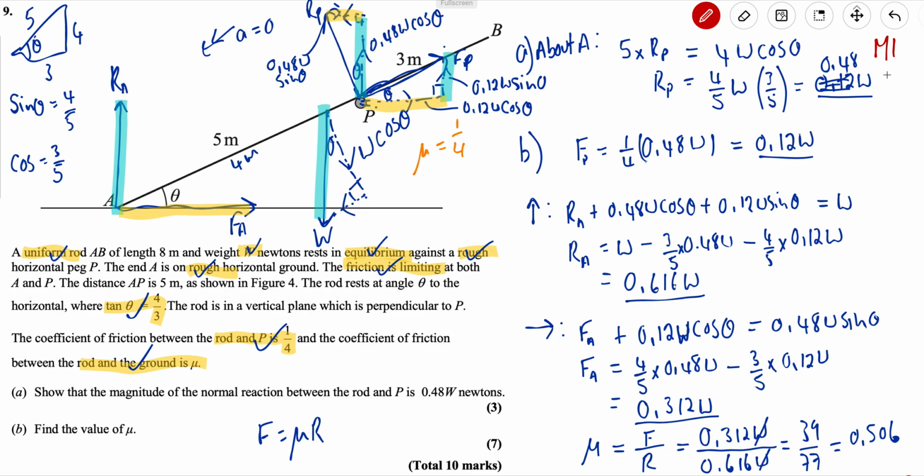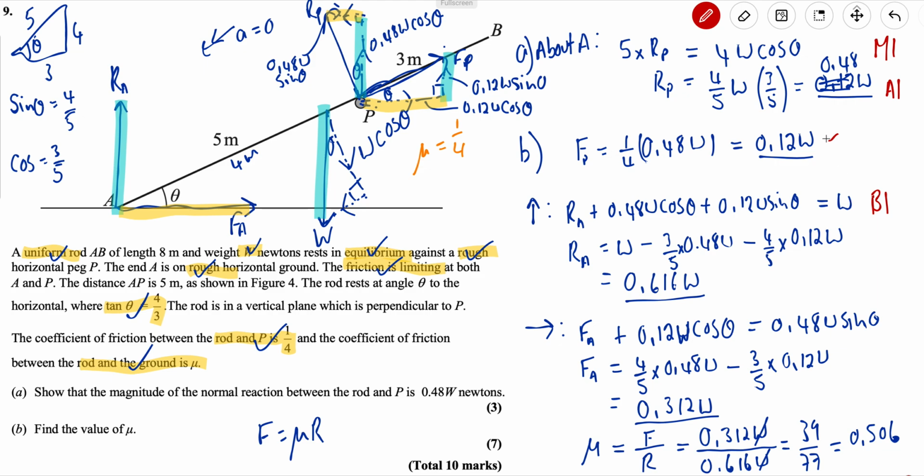An accuracy mark for all terms correct and finding 0.12 W. Another method mark here, an understanding mark for resolving vertically. You can mix up sine and cos, and you can have sign errors, positive or negative, and still get that mark.